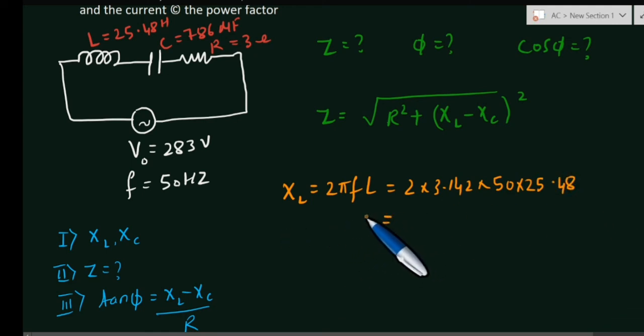If you multiply all these values, the value of XL comes out to be 8 ohm.